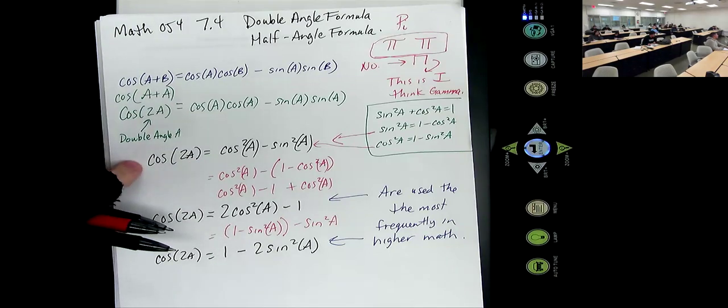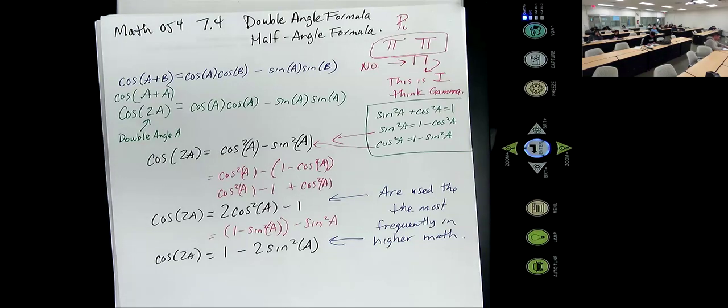That's why this top one is not our favorite. The top one has two trig functions. So I'll write them all in a box in a second after we do the other two.